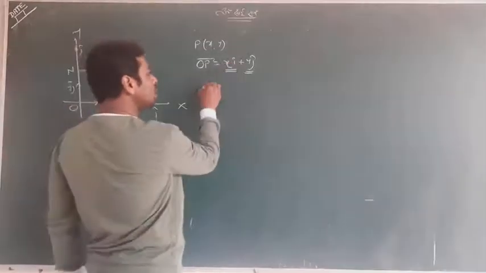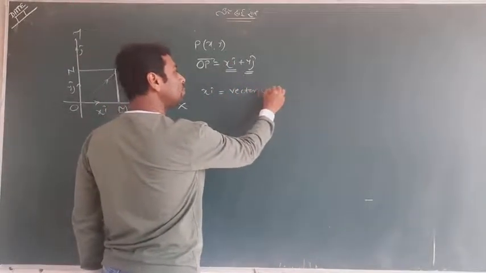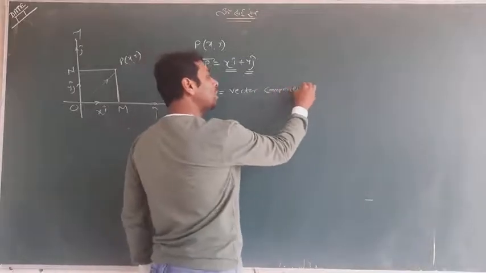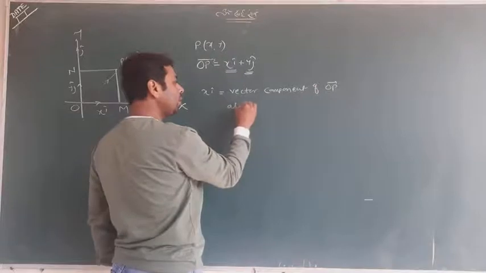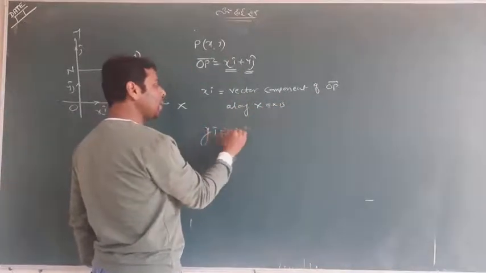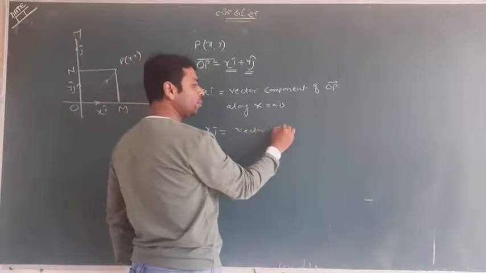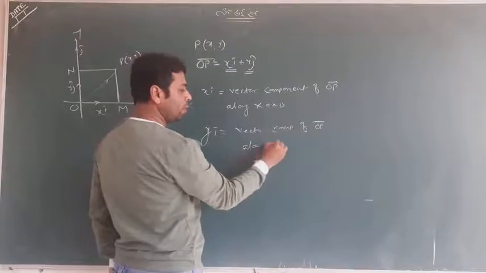So this distance xi cap is a vector component. It is called the vector component of OP vector along the x-axis, and yj cap is the vector component of OP along the y-axis.